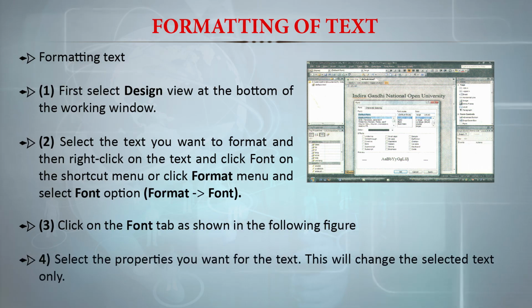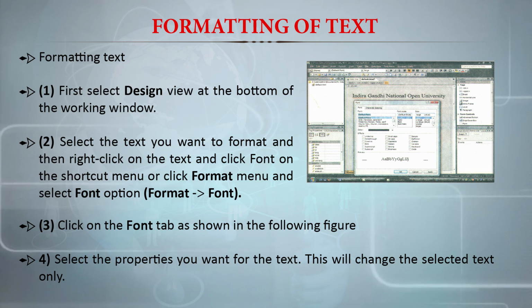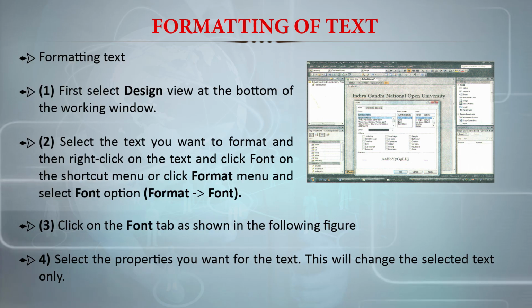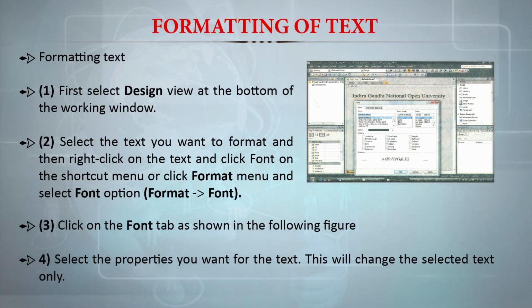Select the properties which you want for the text. This will change the selected text only. The text in the index page of the website uses different size, color and style. Create these text items and set the formatting of these different text items by selecting them and setting the properties as given in the image.